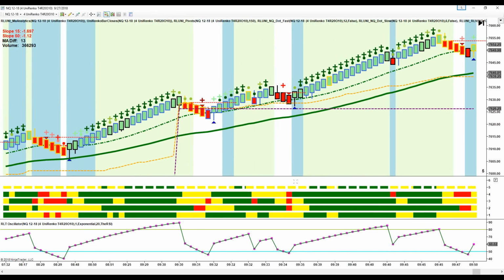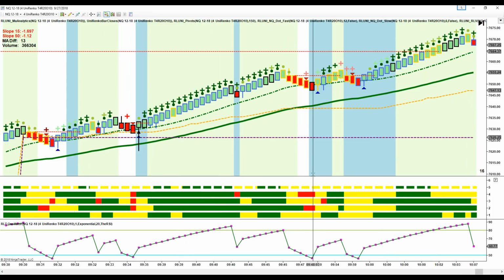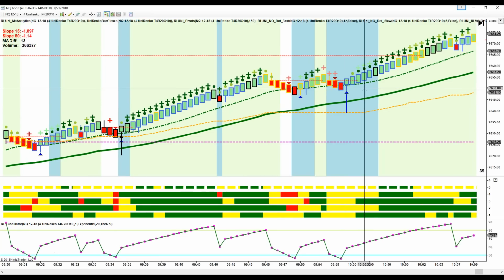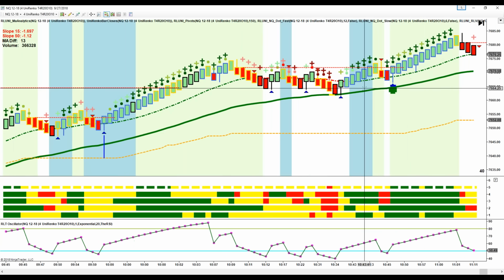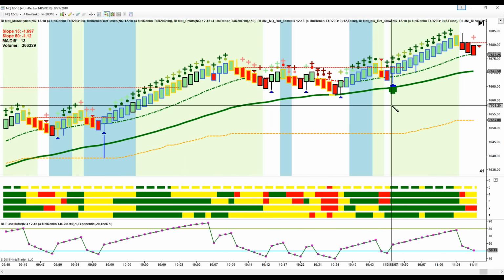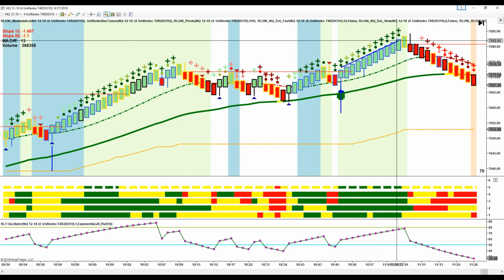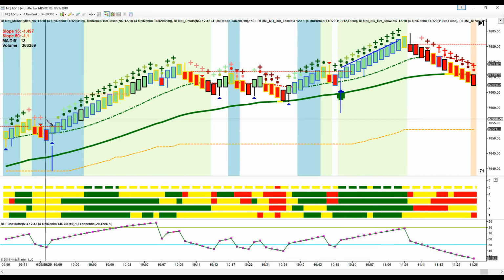Right here. Nothing here. I'm going to go over why. That's a risky trade, not a good trade. Here's your trade right here. That's your second trade. Here's your first.